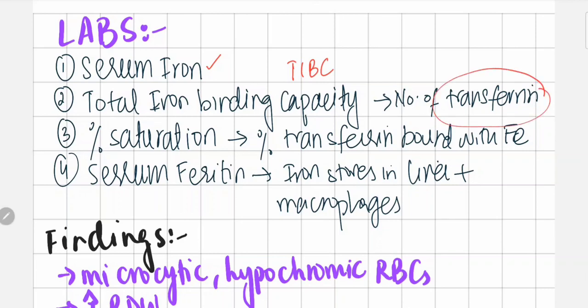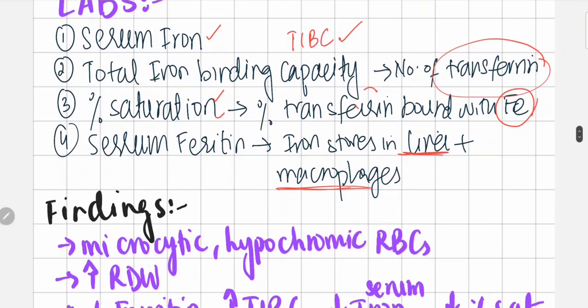It only tells us the number of transferrin. Then we have percent saturation, that tells us how much transferrin is bound with iron. So it's important to differentiate between TIBC and percent sat. Then we have serum ferritin. It tells us the iron stores in liver and macrophages, not the intestines.